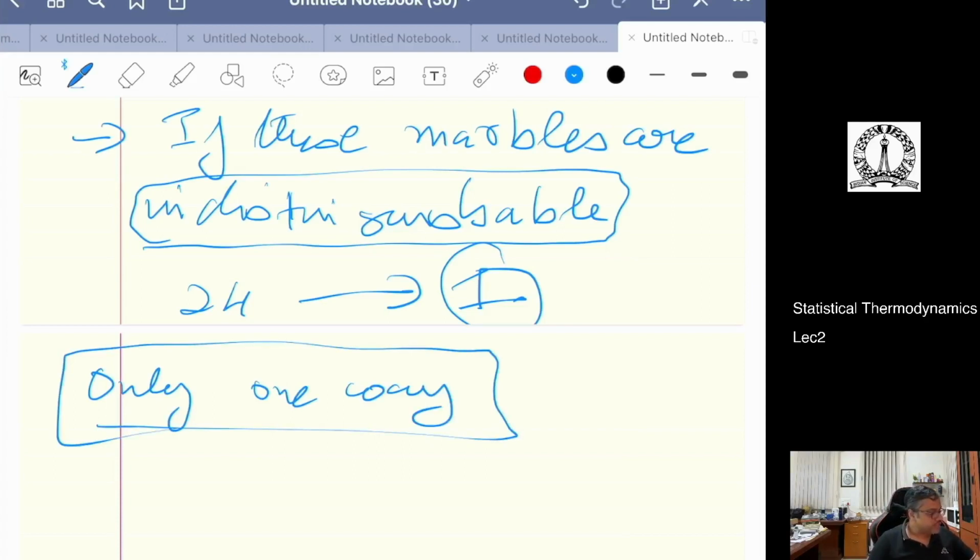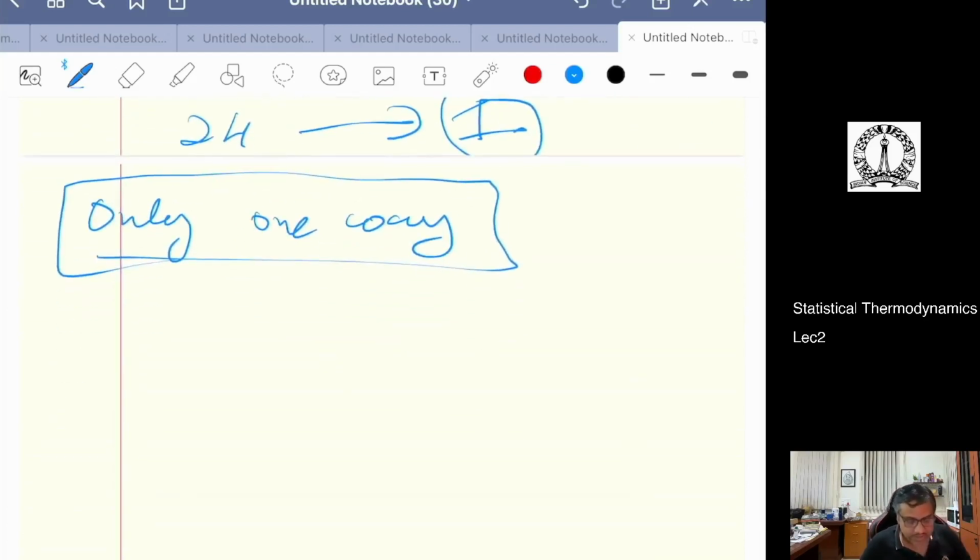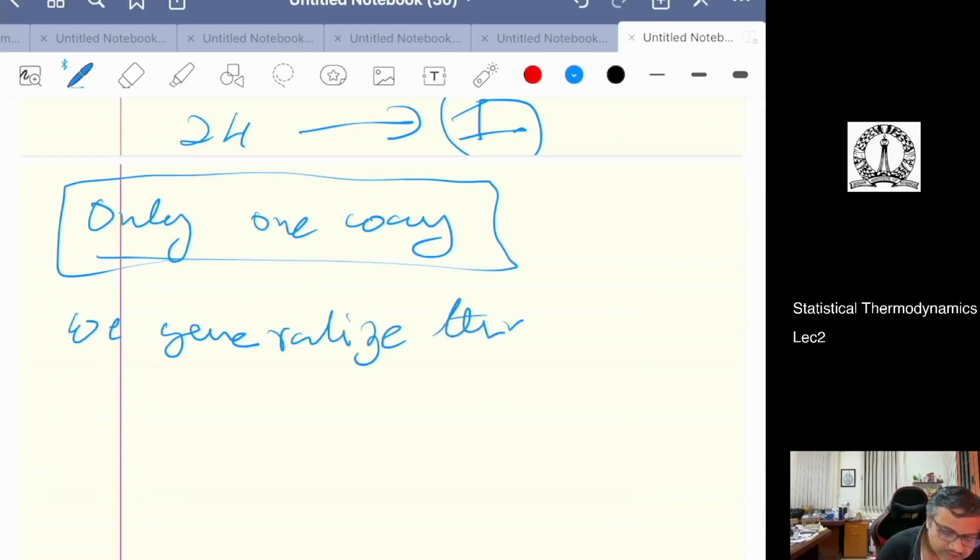So we generalize. Our hope is to generalize this.